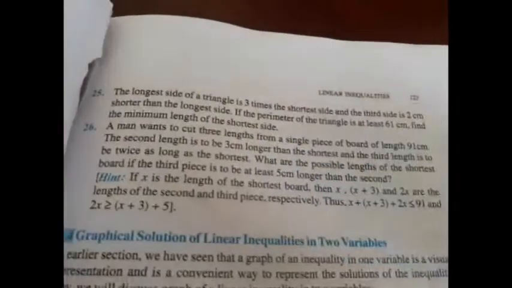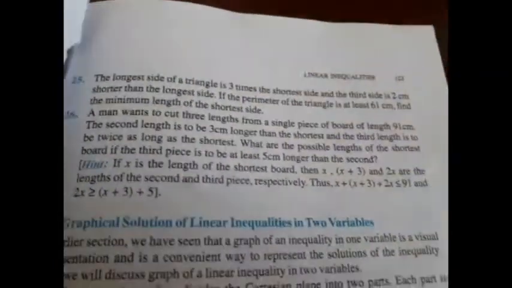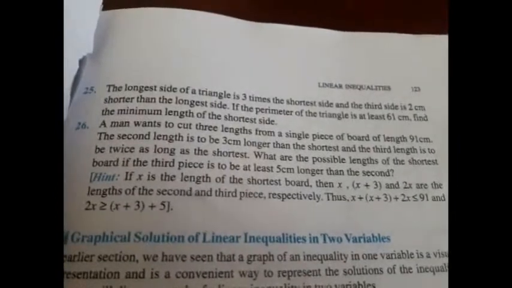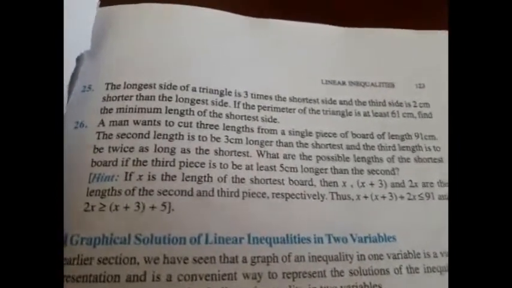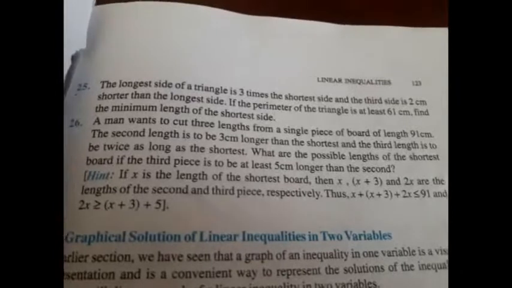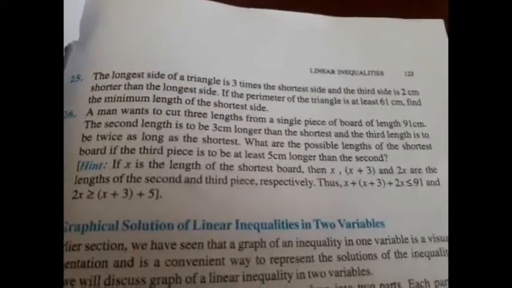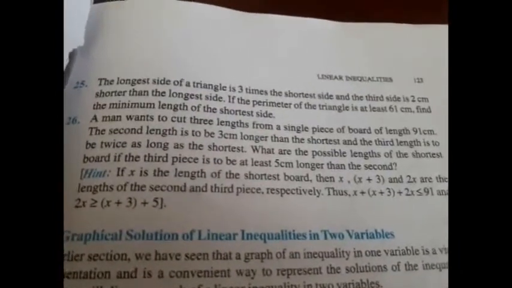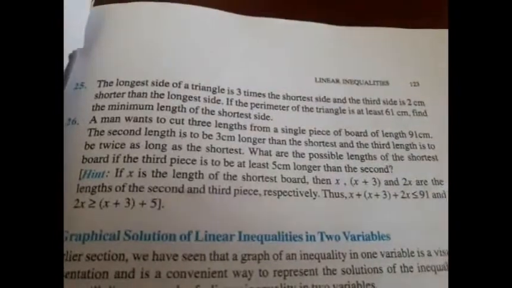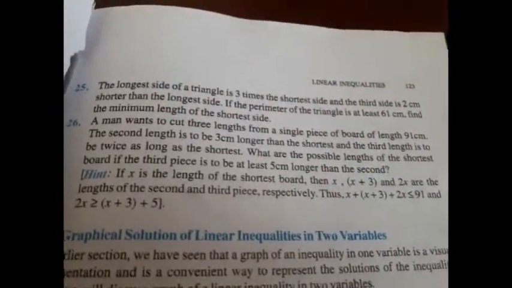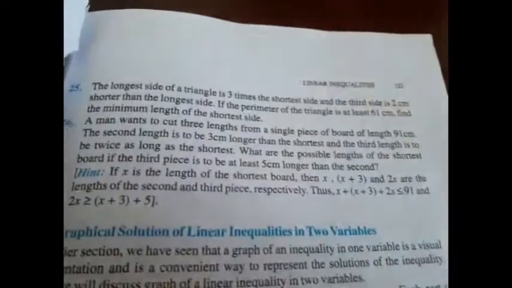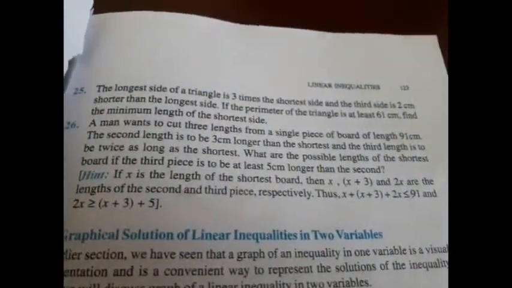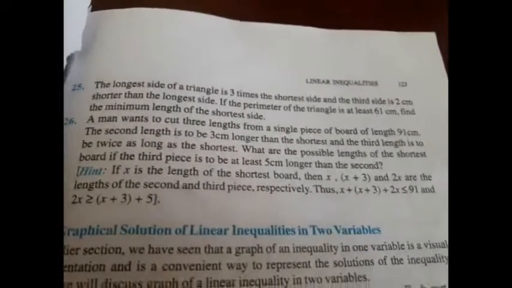So we are going to assume our shortest side to be x, right? So that's what we need to find out. So let the length of the shortest side be x. Then using that, let us find what the remaining two sides are. Since they are talking about perimeter, we know the perimeter of a triangle is the sum of all three sides.